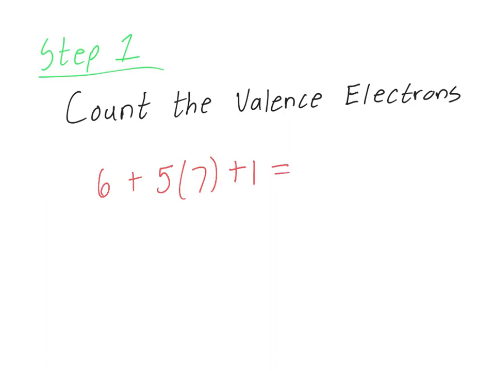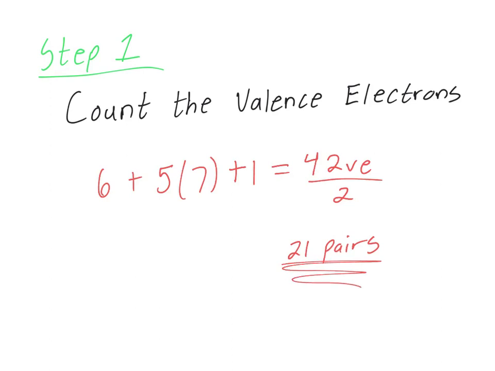So the total valence electrons for this ion are 42 valence electrons, but if you want to find the pairs, you would just simply halve the valence electrons, and that would equal 21 pairs. And with these 21 pairs, that will help us draw out our Lewis dot structure.